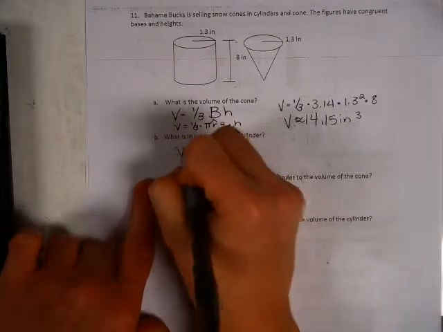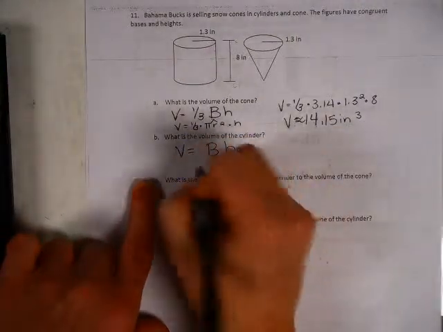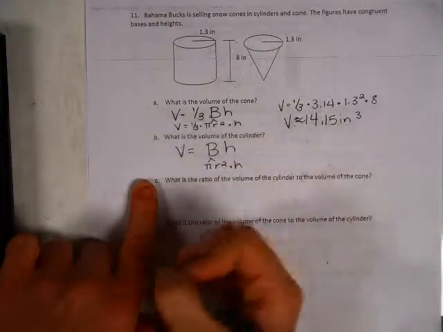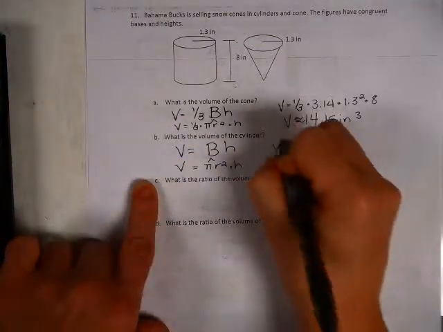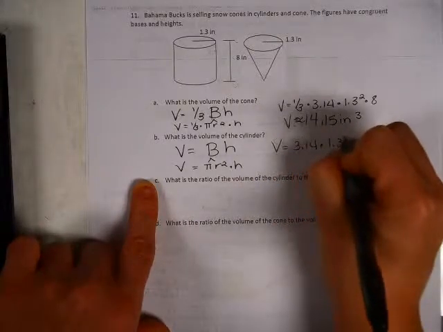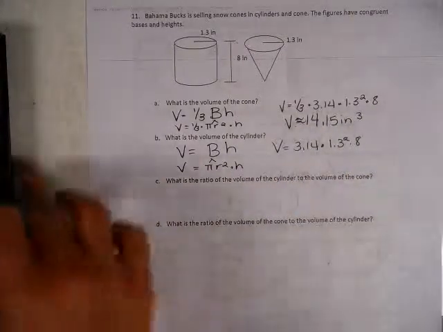Now to the cylinder. Same thing, except you don't have to multiply by 1/3. So the volume is still 3.14 times 1.3 squared times 8.